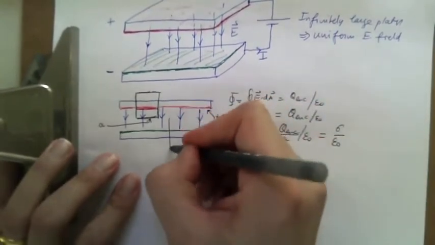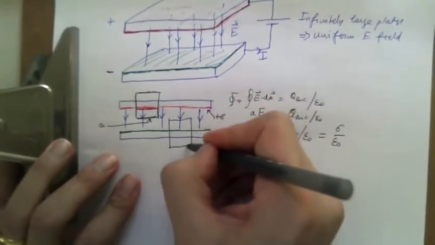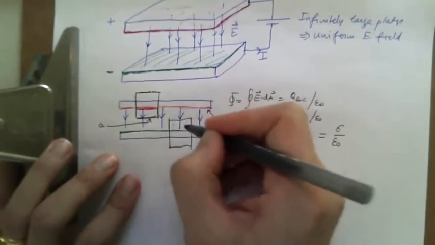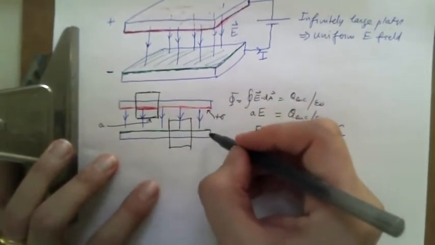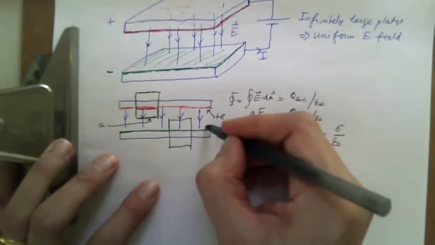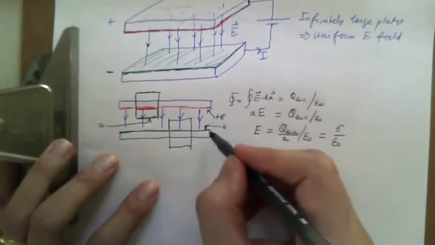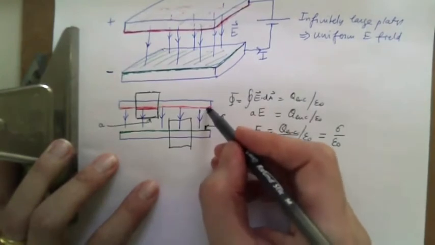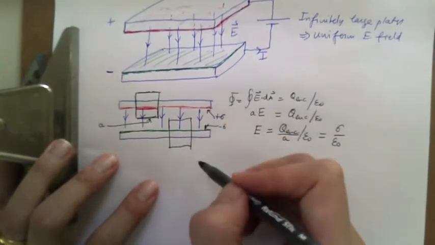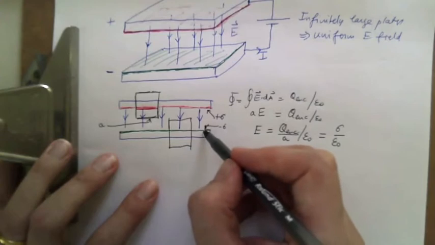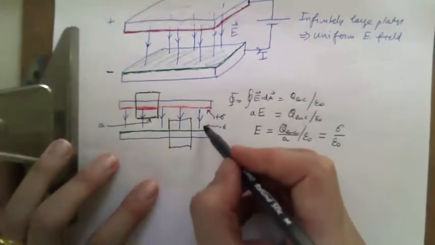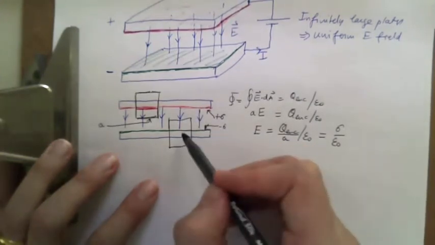And if you're particularly masochistic, you could do the same thing for the bottom. You'd have a negative sigma here, the same exact sigma, because whatever charges ended up on this came at the expense of the same number of charges on this side. So this becomes equally charged, but with the opposite sign to this charged object.